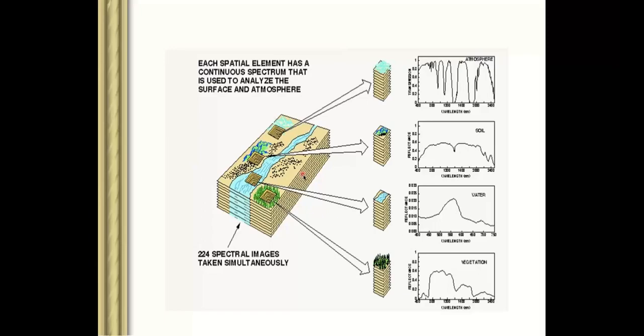If you take a cube of this image or a small portion of this image, for example, here we took a water body, or we can take soil or atmosphere, or you can take vegetation.